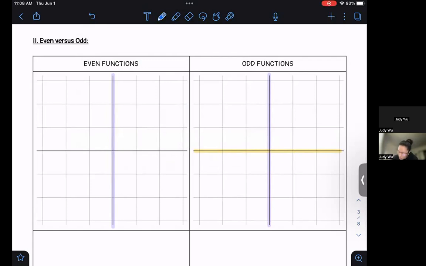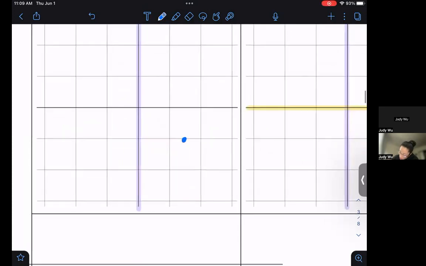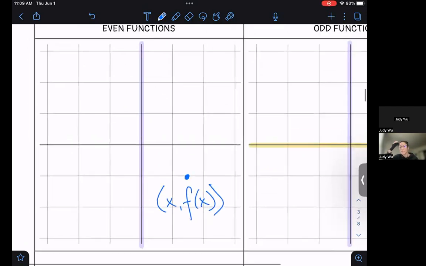And so what I want to do here is draw a point for the even one, and let's talk about where it would go if it was an even function, okay? So let's start over here. A random point, and I'm going to call this point x comma f of x. It's some x value, and I put it into the function f, and then out comes a y value.